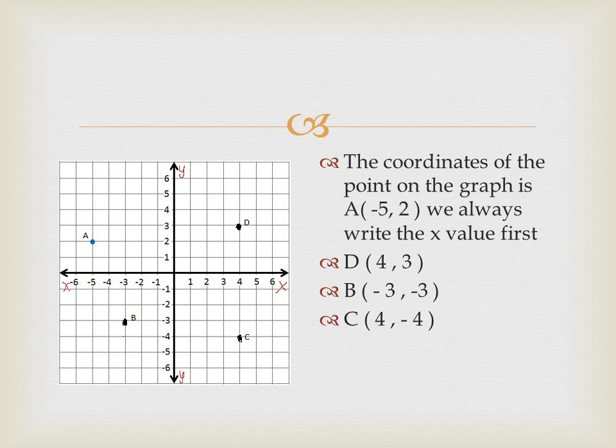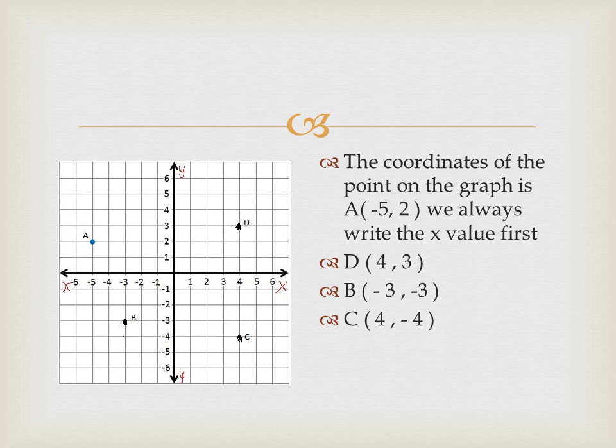Okay, now let's take a look at this graph. On your right hand side the x values are positive. You can see 1, 2, 3, 4, 5, and 6. They are all positive. Then on the left hand side they are negative numbers: negative 1, negative 2, negative 3, negative 4, negative 5, and negative 6. Now let's look at the y axis.